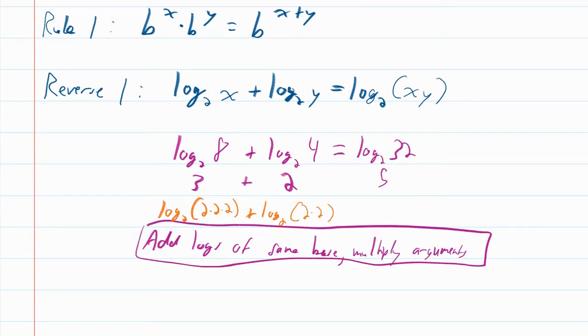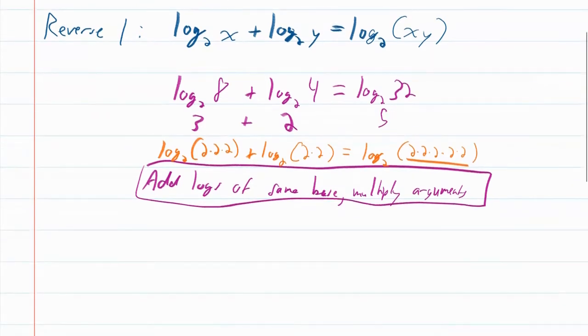What this expression is pointing to is that there are 3 2's there and 2 2's there. If I take the sum of those, there should now be 5 total 2's: 2 times 2 times 2 times 2 times 2. The effect is that you're multiplying the two of them together to get the additional 2's. So spend a little bit of time on that one.